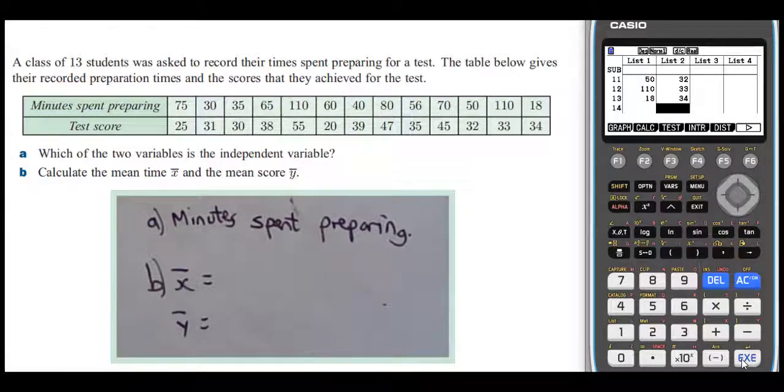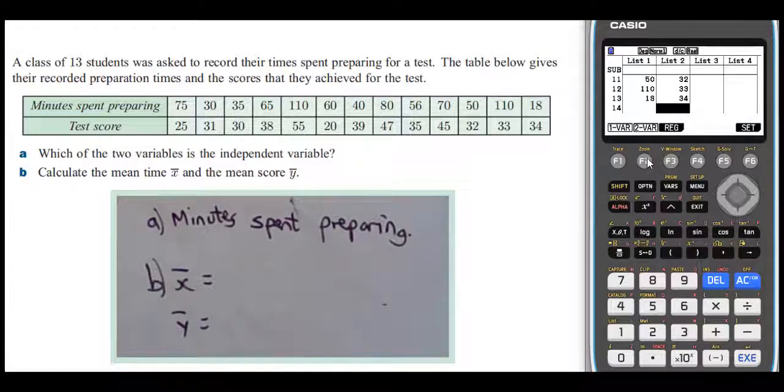Okay, so now that's all filled in, you need to go to calc. So F2 for calc. And this is two variable statistics. Now, I'd normally say the only time you ever use two variable statistics, certainly in the IGCSE, is when you are talking about a scatter graph or correlation or something like that.